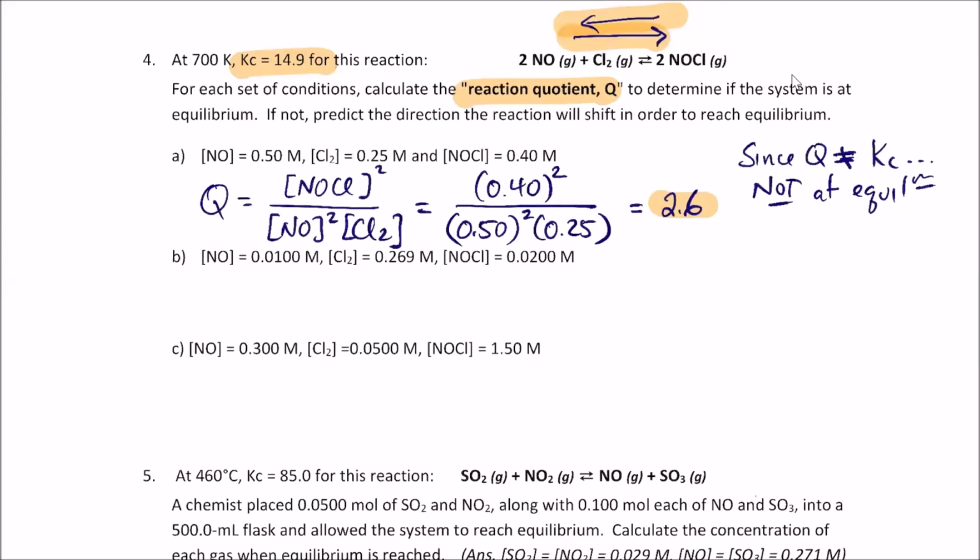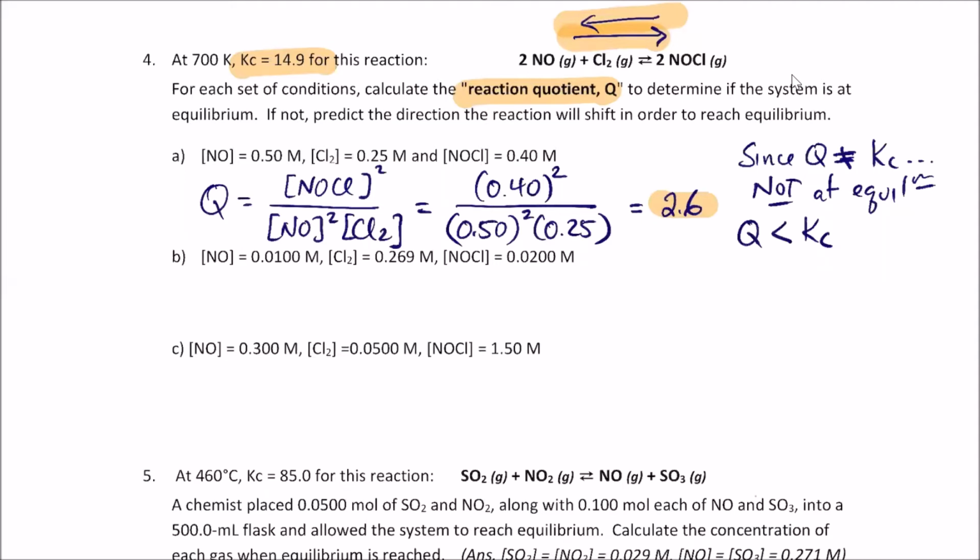We know that Q is not equal to K, but can we be even more specific? K was 14.9 and Q is 2.6. So Q is actually less than Kc, isn't it? Yes. If we're going to reach equilibrium, we know Kc does not change, right? Kc is constant.